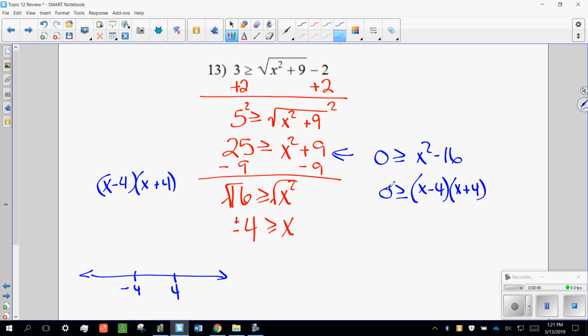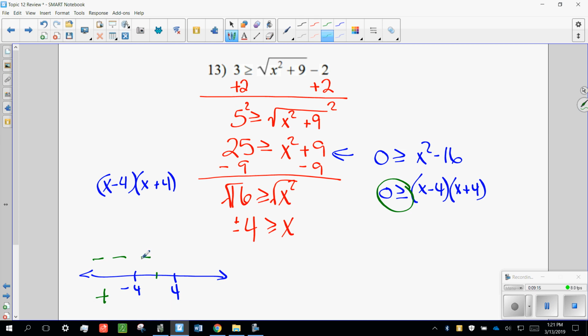Now, when we do a sign chart, I think it makes a little more sense. So negative 4, numbers less than that, negative 5. Negative 5 minus 4 is negative. Negative 5 plus 4 is negative. Negative times a negative is positive. But we want numbers that are less than 0. So we want negative numbers. So let's try 0, because 0 is in between negative 4 and 4.